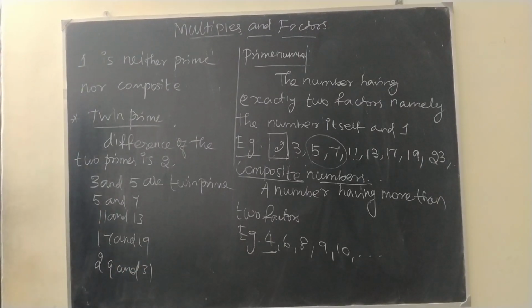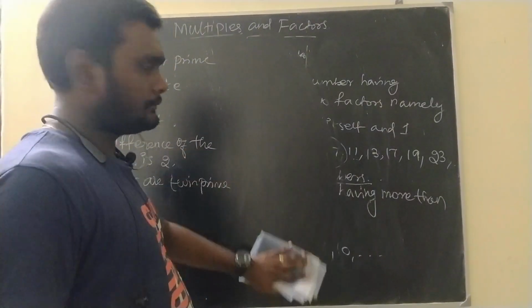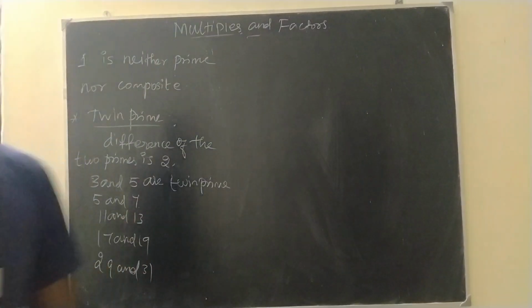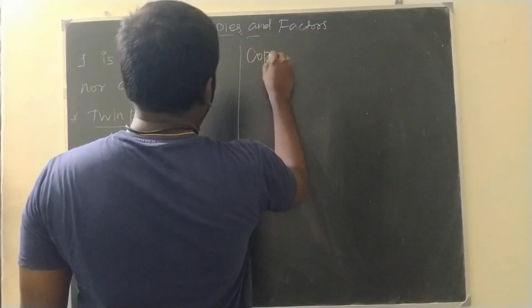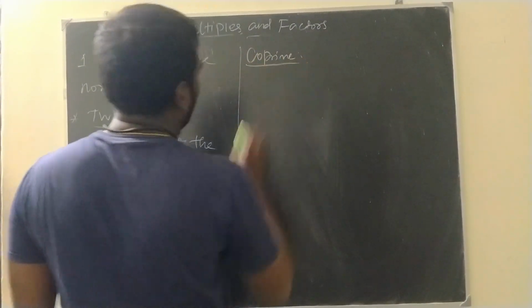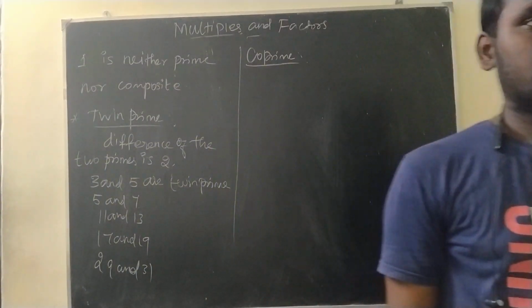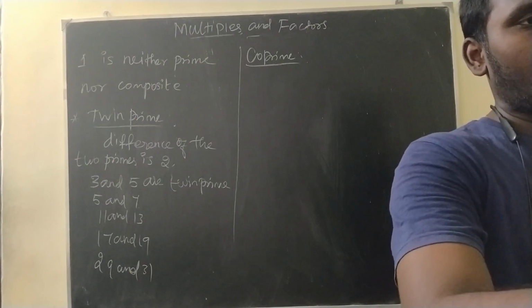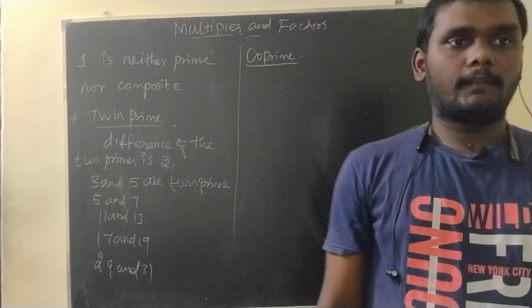Now we'll be extending this definition to another one. Co-prime numbers. What numbers? Co-prime numbers.